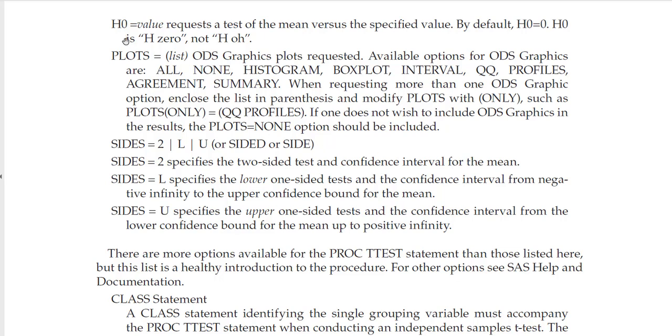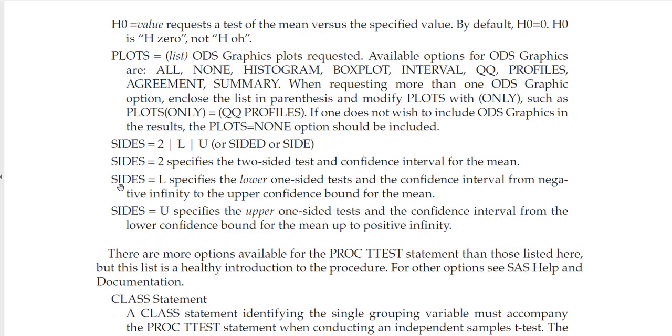Continuing on the next page of the book, H0=value, so this is where we can specify what value a single population mean is to be compared to. This is similar to the MU0 option in PROC UNIVARIATE, and remember in PROC MEANS we didn't have such an option. We can get some plots generated here, and they're listed here in things that we would like to see. Some of these may be restricted for only the paired t-tests, and we'll see some of these in the output, so you can control that list.